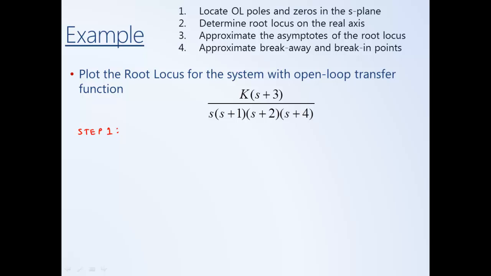The first step, we're told, is to locate open loop poles and zeros in the S-plane. By inspection we can see that we have a 0 at -3. We also have 4 poles, one at 0, one at -1, one at -2, and one at -4.